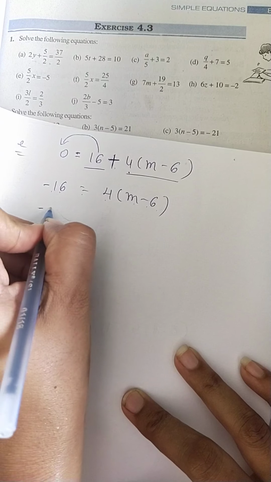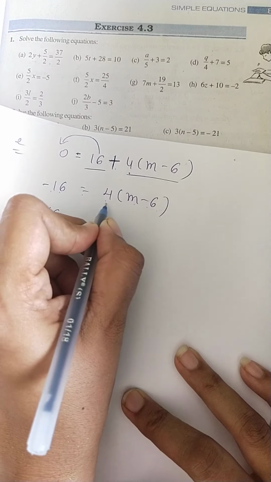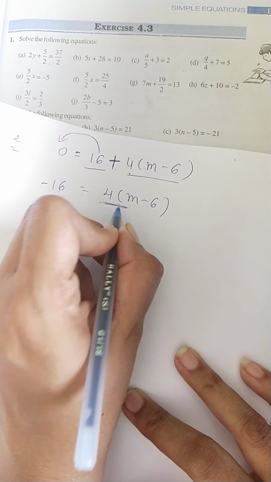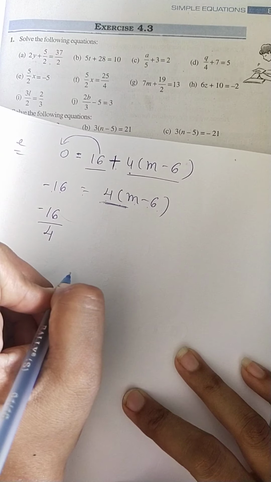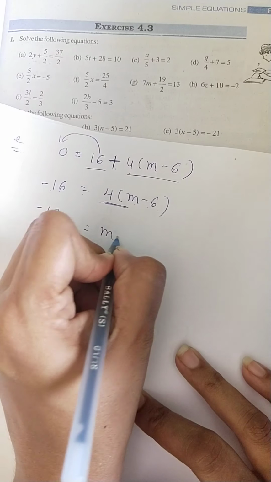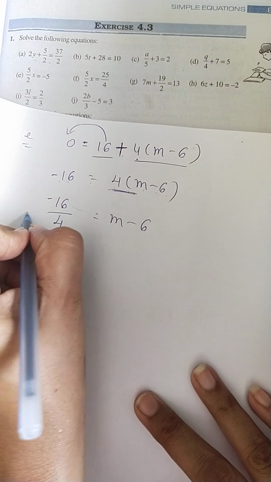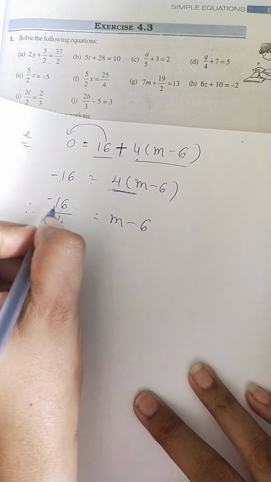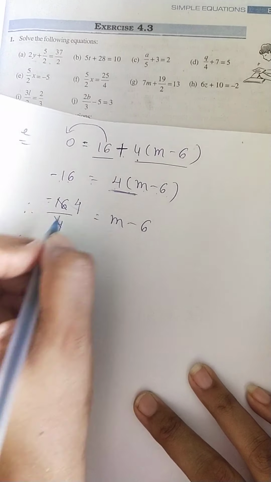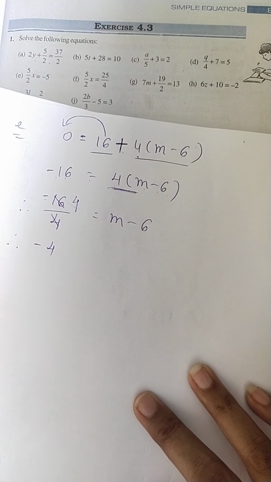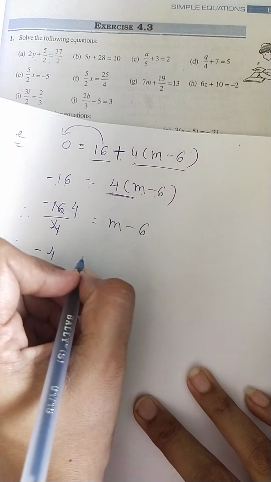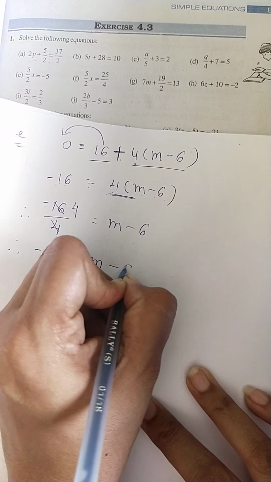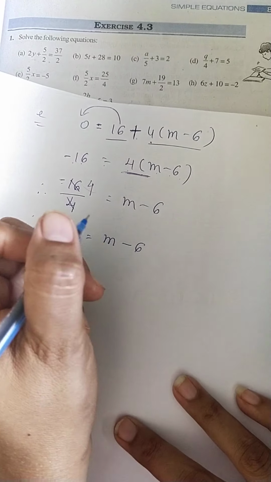So negative 16 is equal to 4 into bracket m minus 6. Here negative 16 as it is. What is the relation? Yes, multiplication. So 4 will go down as a denominator, m minus 6 as it is. Now 4 4s are 16, but with negative sign, so our answer, negative 4, is equal to m minus 6.